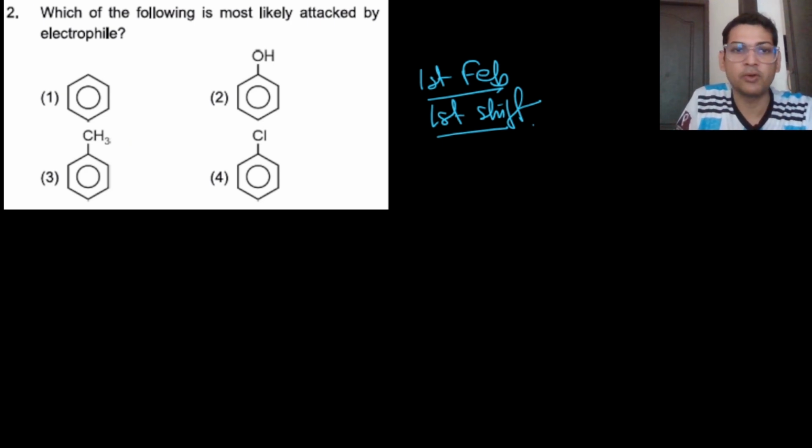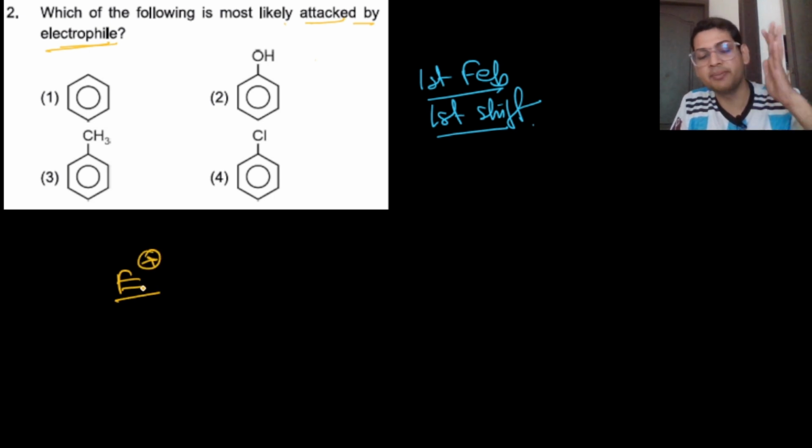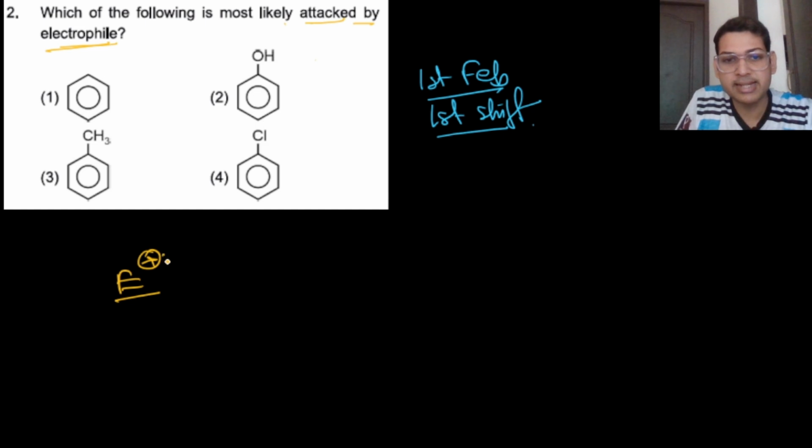Okay, so let's start. The first question is: which of the following is most likely to be attacked by an electrophile? First of all we have to understand what an electrophile is. An electrophile is denoted by E plus. Why is this a plus sign?